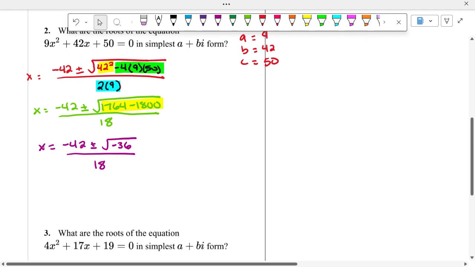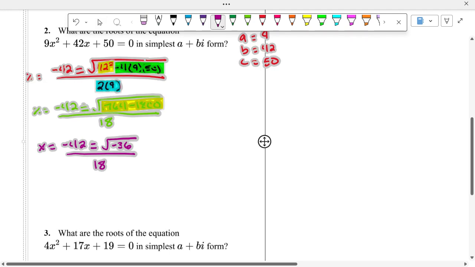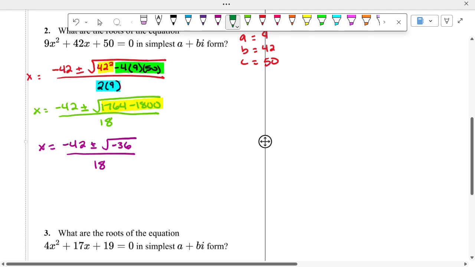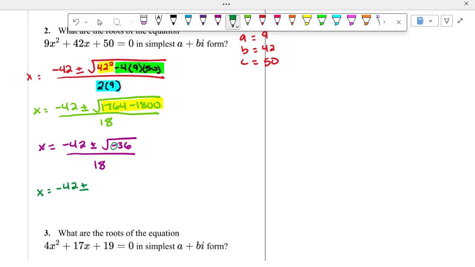Now, we have a negative under a radical, so what's my next move? What did I tell you you do every time you see a negative underneath a radical?